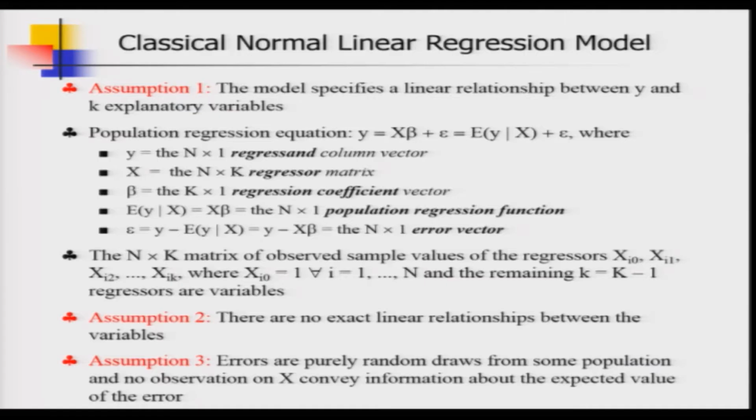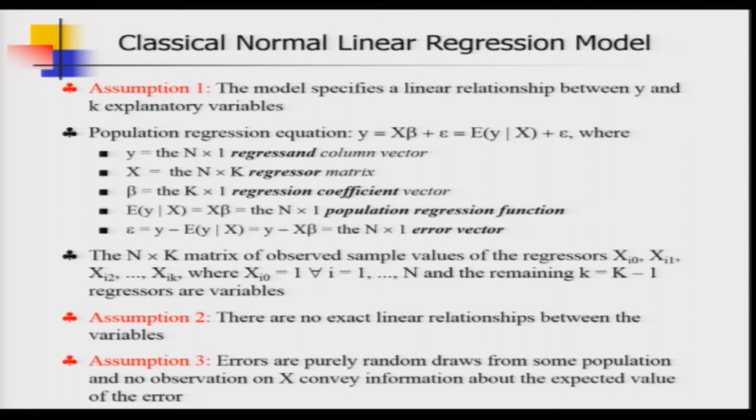So, the next in the list is the regression coefficient vector, and that is the beta vector. That is a capital K cross 1 column vector again. Then we have the expected value of y given x, and that is capital X times beta. That is the capital N cross 1 population regression function.